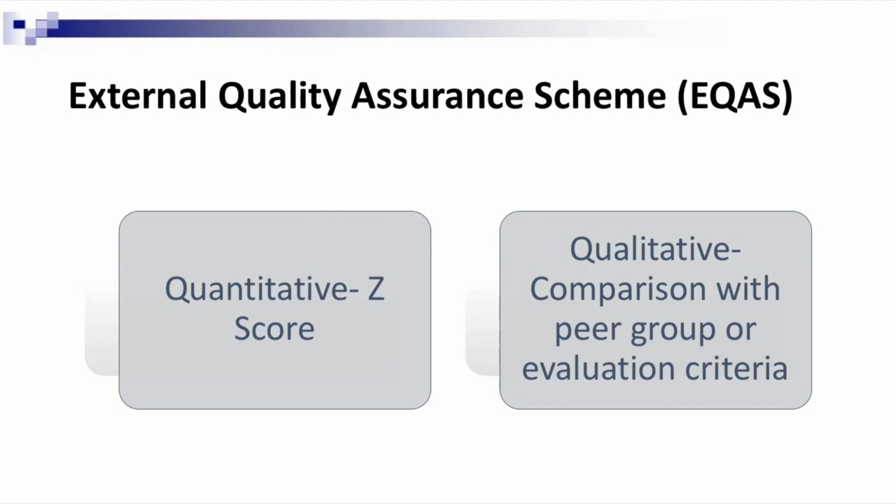Suppose you are sending sputum for AFB slide to 100 laboratories, 60 are saying it is positive, 40 are saying it is negative, then you have to reject that particular cycle. At least 75 should be in favor of one diagnosis.